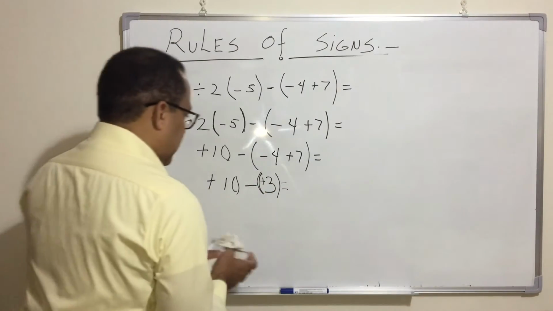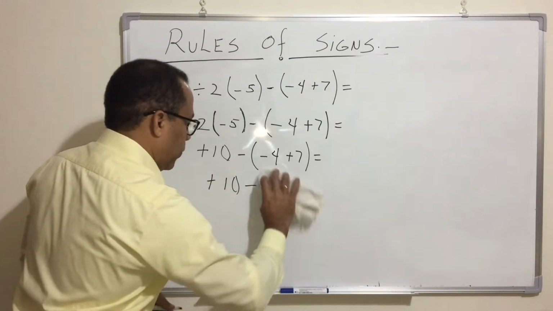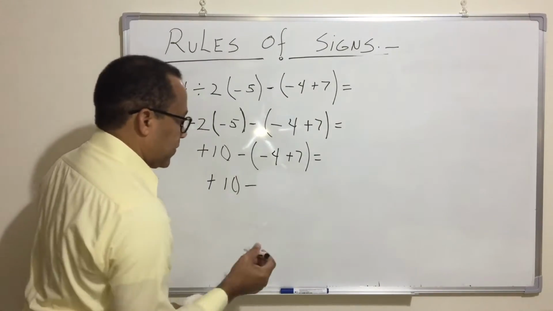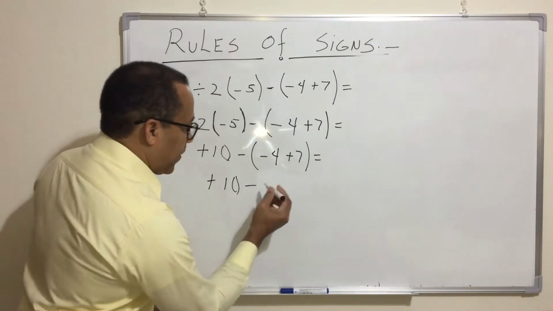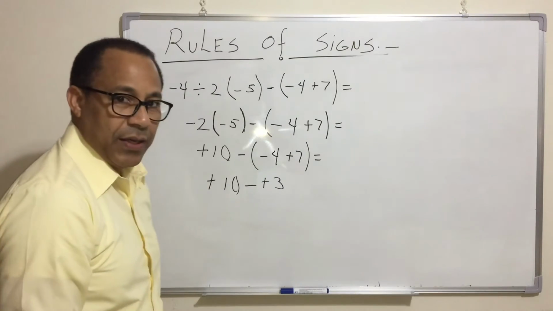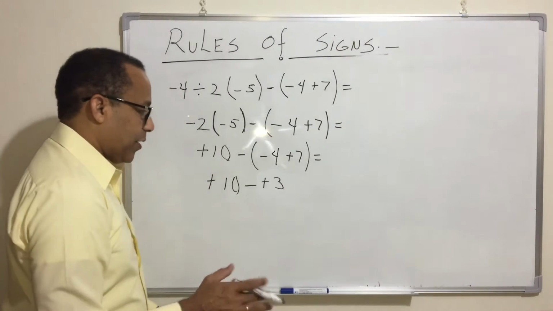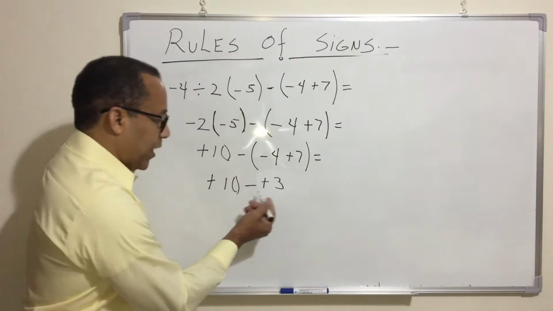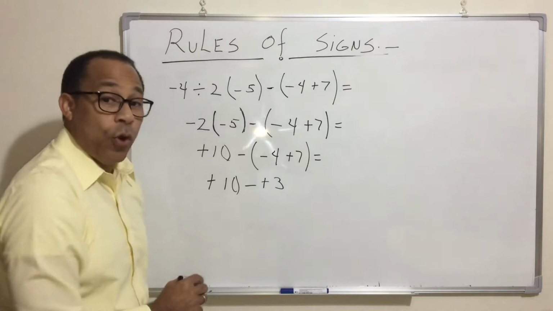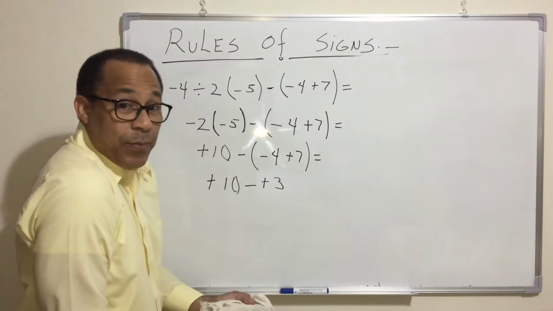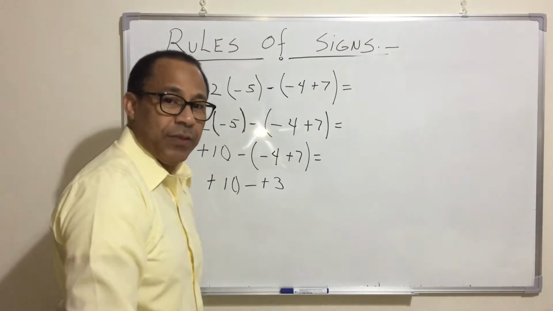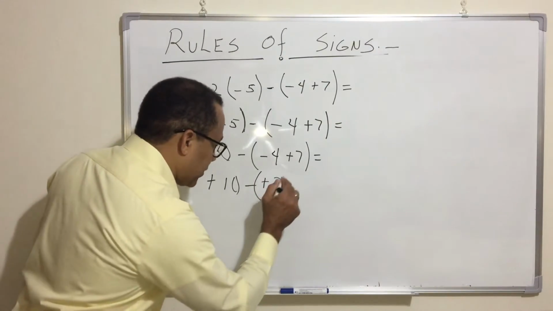If I erase, let me do this over. That's the negative sign. Negative 4 plus 7, we said positive 3. It's a little weird to have two signs one next to the other. And when that happens, these two signs are multiplying. Since they are multiplying, you may use parentheses, because parentheses mean multiplication. So you can put parentheses here.